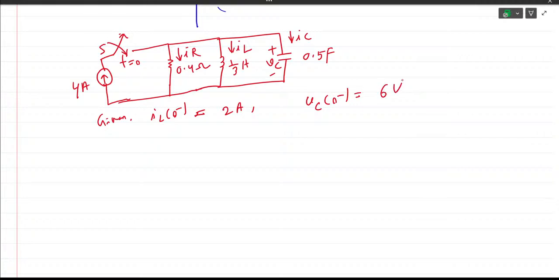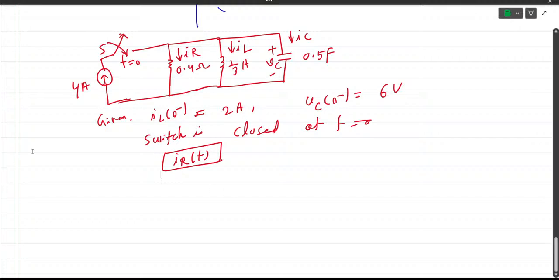The switch is closed at t equal to 0. Find the expression of IR(t). Any expression you can find out, but we need to find here the expression of IR(t). Okay.